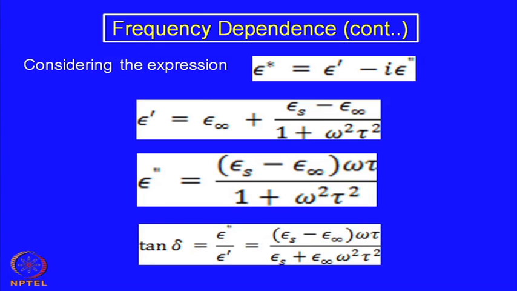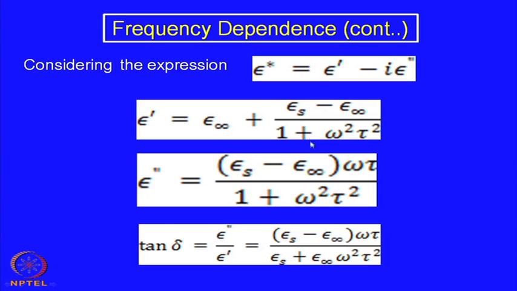So, these are a few more equations. We know any complex quantity can be represented in this manner, with a real part and an imaginary part, and the earlier equation can be subdivided into these components. Here we are trying to find the real part of the permittivity as a function, once again, of two quantities, epsilon infinity and epsilon s.